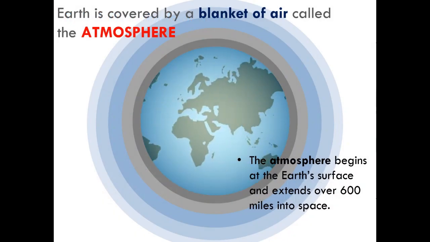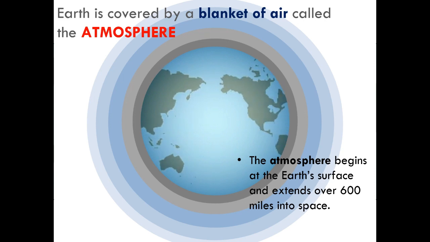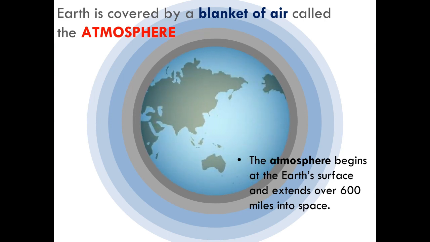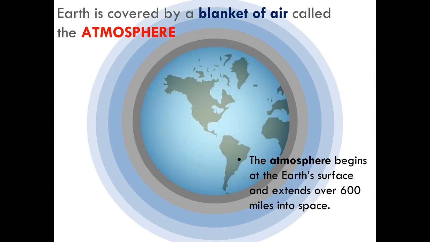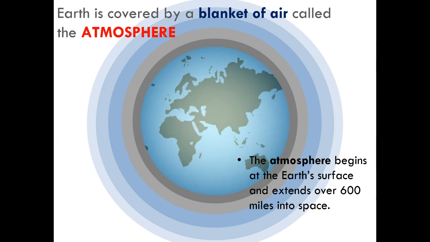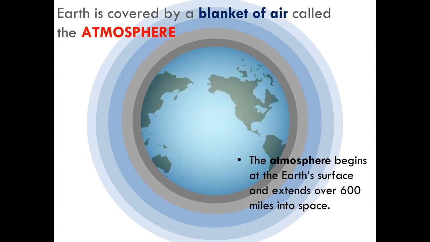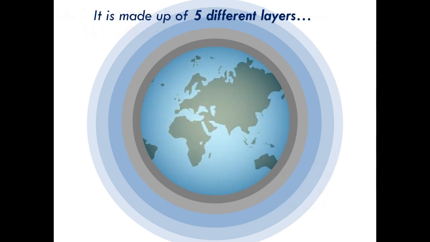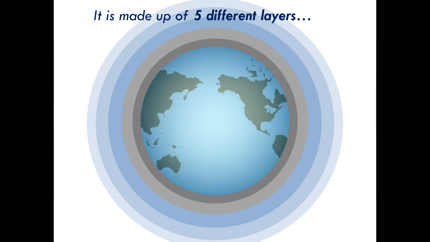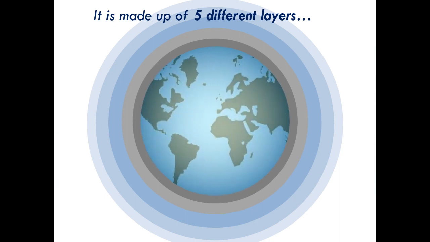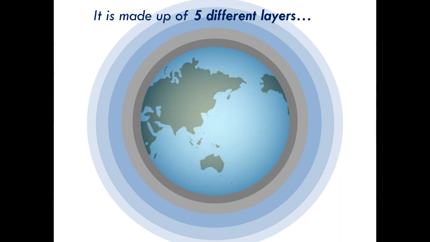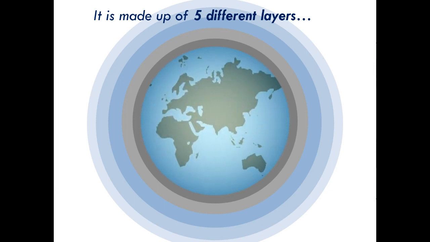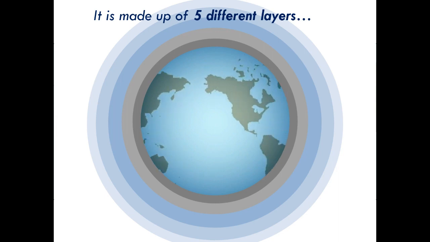All right. So the Earth is covered by a blanket of air called the atmosphere. The atmosphere begins at the Earth's surface and extends over 600 miles into space. So it has five different layers. Before I tell you the five different layers, meteorology is actually the study of the atmosphere, or the Earth's atmosphere.